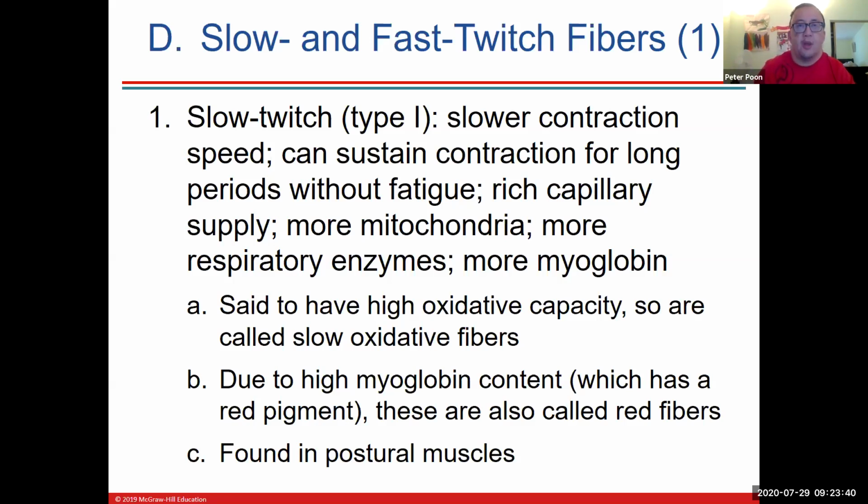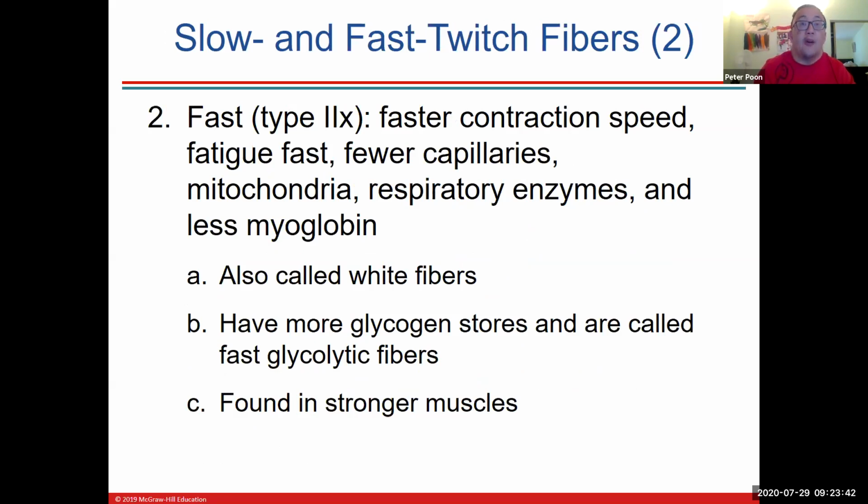All right. The fast twitch fibers, type 2X fibers, have much faster contraction speed and much more force. Their fibers are bigger, so they produce more force. There are fewer capillaries because the muscles are bigger, and less mitochondria.